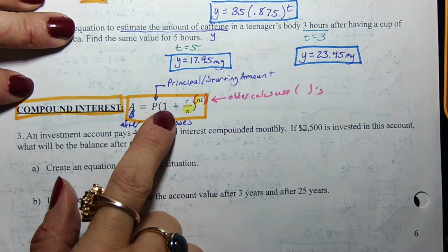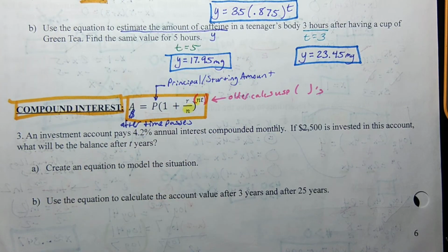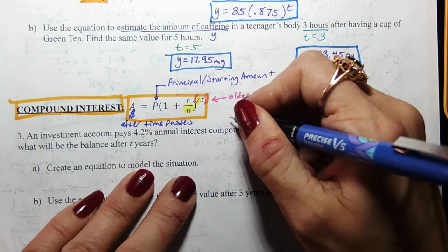So the 1 plus is the same. The raised to the t is the same. It's the dividing by n and the raised to the n part that is a little bit different. So let's go ahead and define what n is.